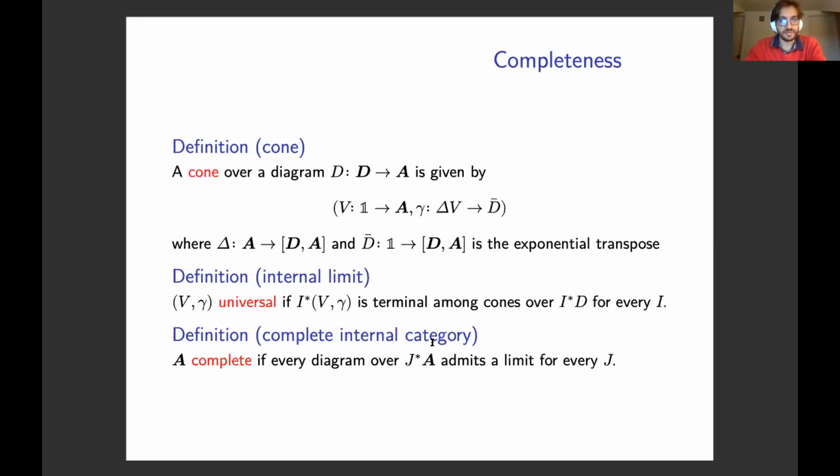And under this assumption that the ambient category is Cartesian closed, we can define completeness. So a cone for a diagram, that is an internal functor targeting our category, will be given by a vertex and the components of the cone.